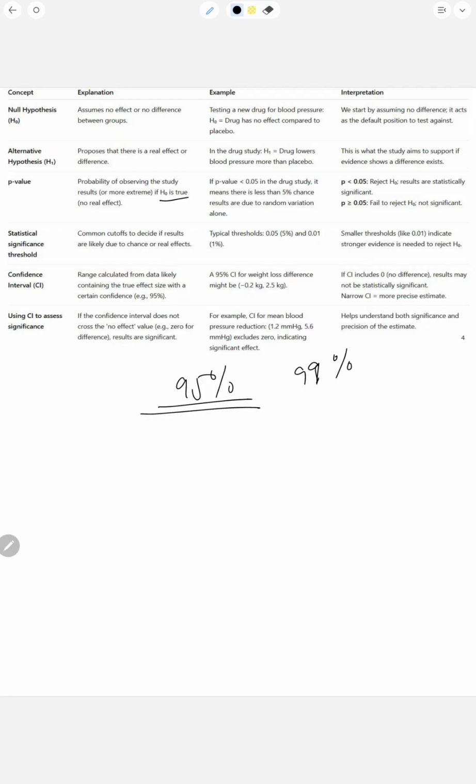So for example, drug X is going to lower weight, and the weight loss difference could be anything, say from -2 to +2.